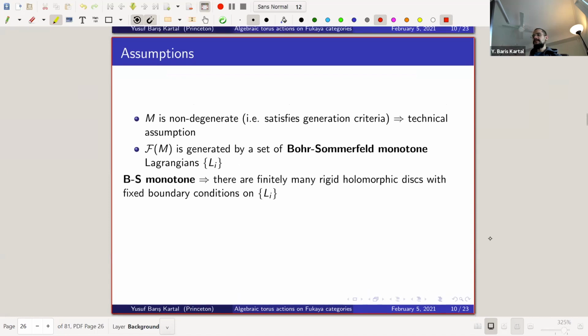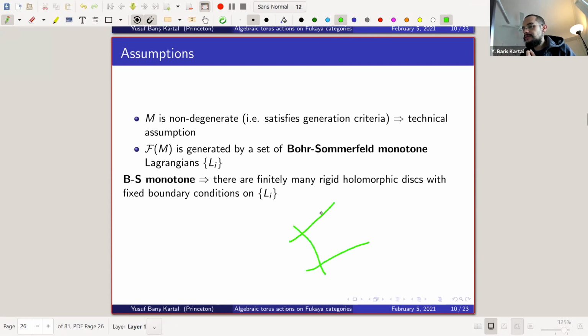And I'm just going to tell the main implication of this. And this is actually crucial. So if you have some set of Lagrangians that are Bohr-Sommerfeld monotone, then once you fix the boundary conditions, there are only finitely many rigid holomorphic disks with these fixed boundary conditions on this set of Lagrangians.